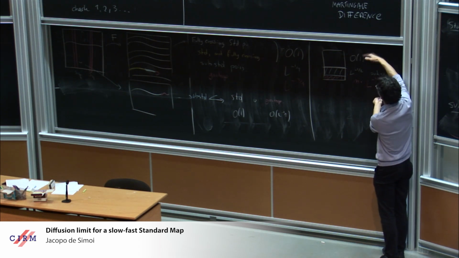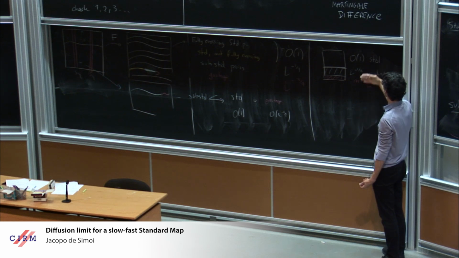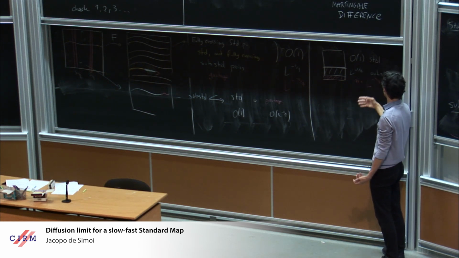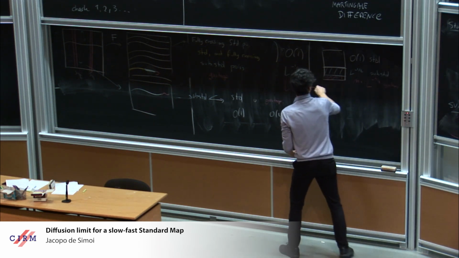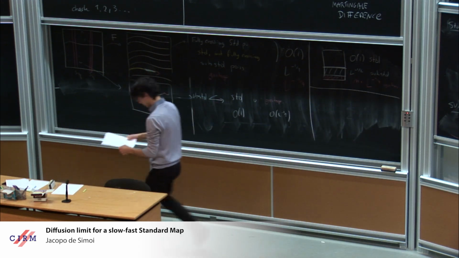Now, as you might imagine, you have good equidistribution properties on standard pairs and not so good on substandard and garbage. And therefore, we get the following result, which essentially concludes this talk.